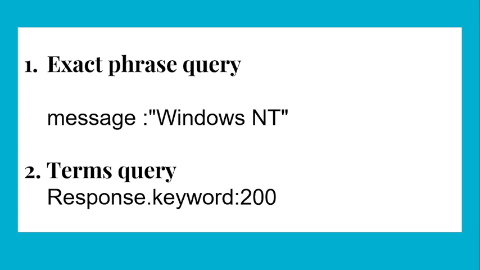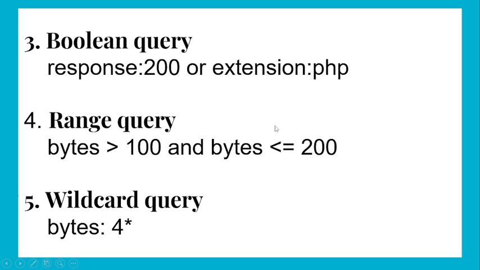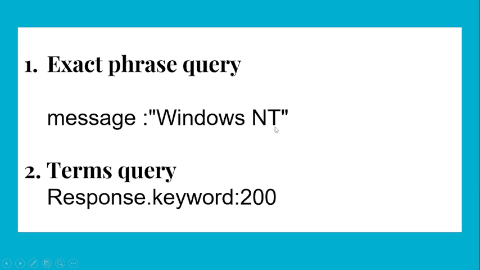Let's say we are looking for the phrase "windows xp" inside the message field. This will give all the documents which contain the phrase in the given order: windows first, then a space, then xp, inside the message field.